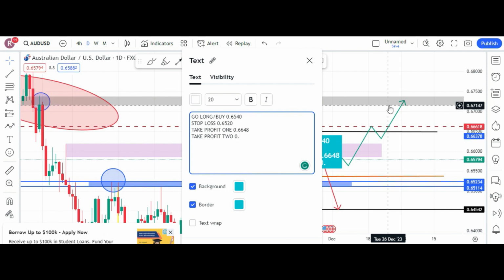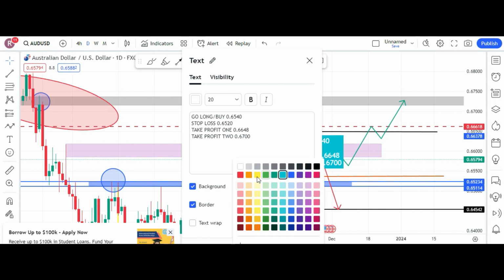This is the area. Yes, 0.67, not more than that. So take profit 2 is a little bit fading here, so far as I understand, but okay, it will do the job. So this is the opinion I have, and the trade idea so far as I can understand.